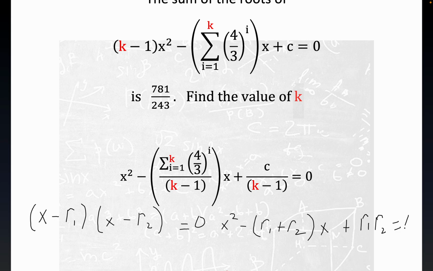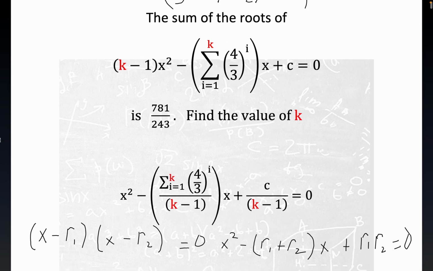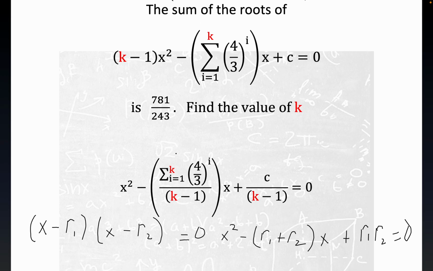Now that gives us some guidance on how to proceed, because we know right now that, let's just write it up here, the 781/243 is equal to minus the sum of the zeros.